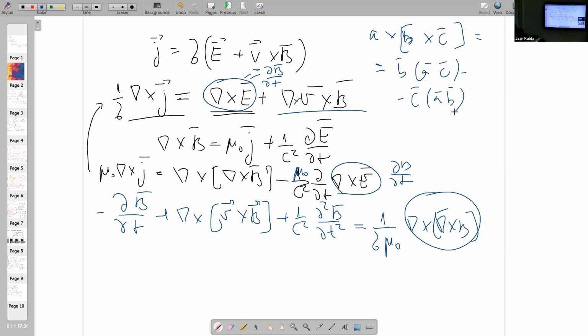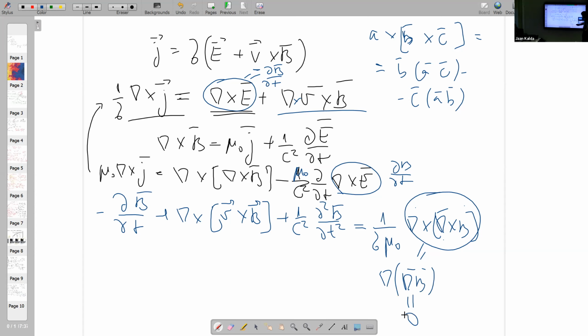Familiar with this formula? A cross B cross C is BAC minus CAB. That's what I'm going to apply. But here A and B are nablas. So this thing over here is going to be, first we take this nabla with plus, and the other goes outside, and then the dot product of this and that. So we have a gradient of divergence of B. But divergence of B is 0 due to Maxwell equation.